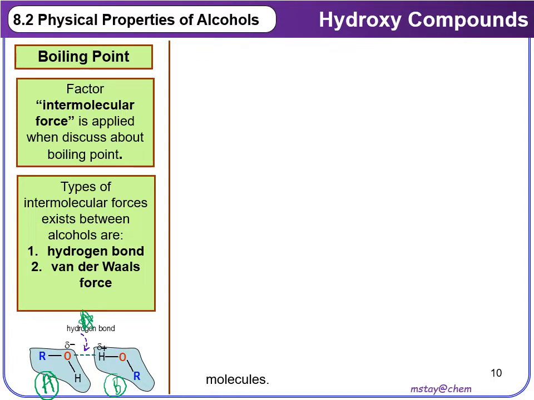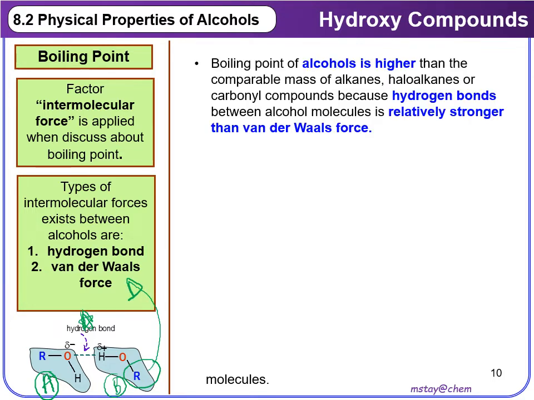And then, the R group will be able to form the van der Waals force. So generally, due to the presence of the hydrogen bond, alcohol will have a higher boiling point compared to alkane, haloalkane, or even carbonyl compound. We will discuss carbonyl compounds in the next two chapters.